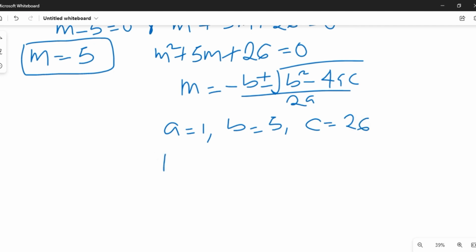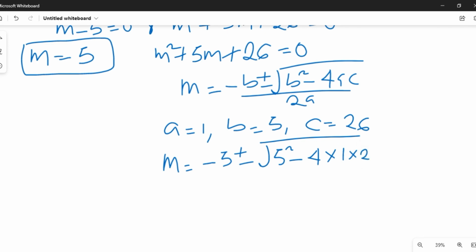Now to solve this, we'll have our m equal to minus 5 plus or minus square root of 5 square minus 4 times 1 times 26 all over 2 times 1.